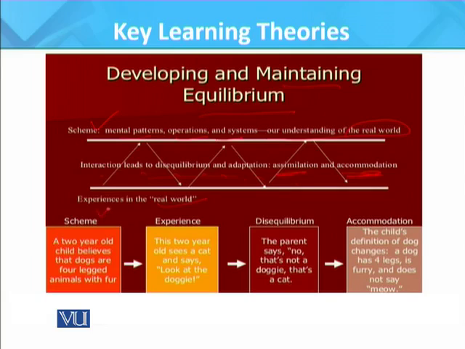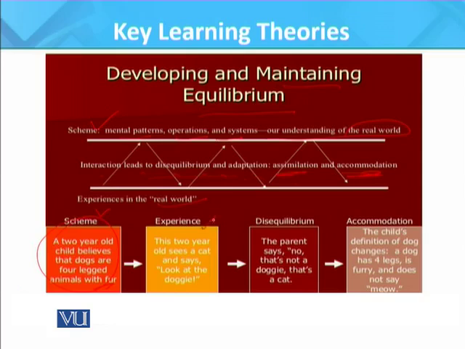Let's first look at the scheme. Scheme is the existing knowledge and mental pattern, operations, and system, where a 2-year-old child believes that dogs are 4-legged animals with fur. That is the existing information a child has of a dog.